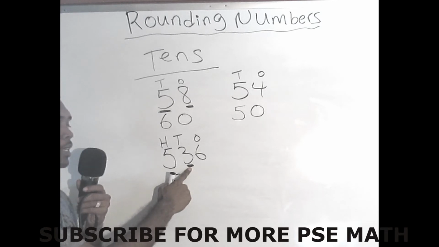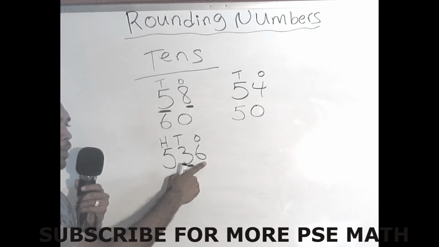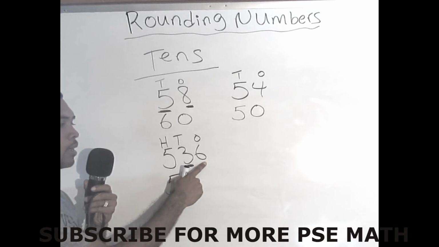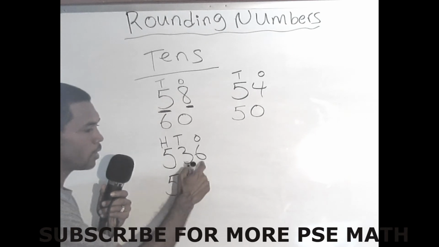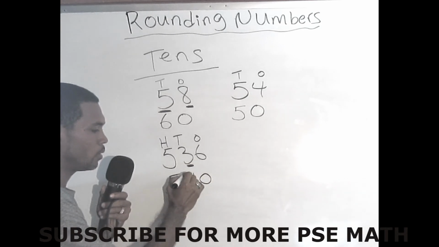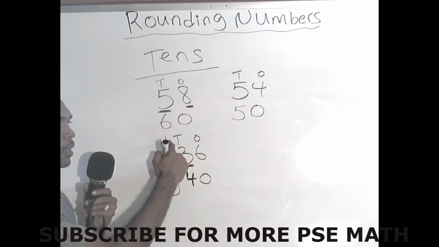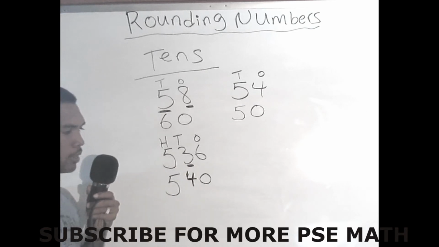All right, the 3 is in the tens place, so we look to the number before it. The rule says that if that number before it is 5, 6, 7, 8, or 9, you will add 1 to the number that you're rounding. And because this is 6, we're going to add 1 to this 3, and this 3 will become 4, and that 6 will become 0. So whenever you round 536 to the nearest tens, it will round to 540.